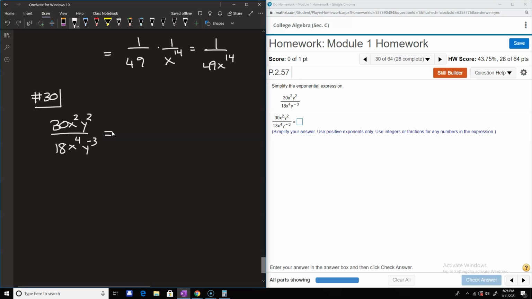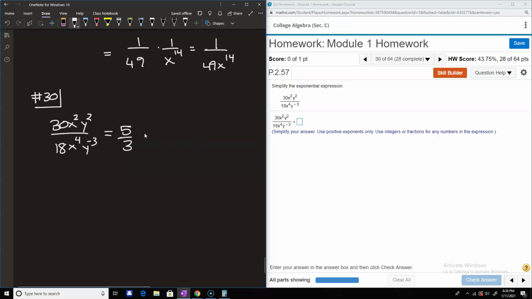Okay, so 30 over 18, those are both divisible by 6. So if you reduce that fraction, 30 over 18 is the same thing as 5 over 3. So we can simplify the regular numbers into a fraction in lowest terms, 5 over 3.